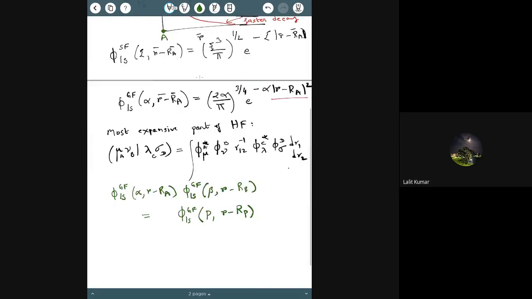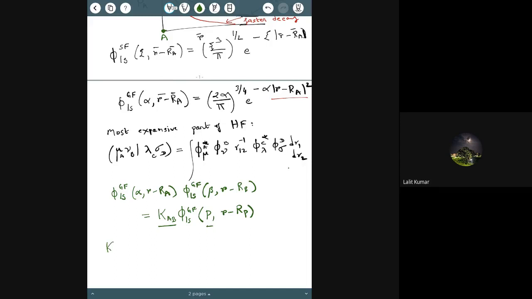And this can be multiplied by a constant which depends on the two atoms. And the expressions for K and P are known analytically.